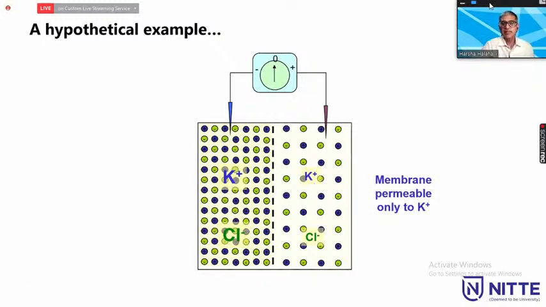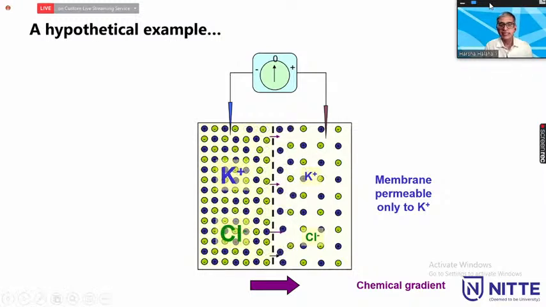However, if the membrane is made permeable to potassium, then because there are more potassium ions on the left side compared to the right side, potassium ions would diffuse down this chemical gradient, and some would move to the right side, adding positive charges to the right side and leaving behind unaccompanied chloride ions, and therefore a buildup of negative ions on the left side.